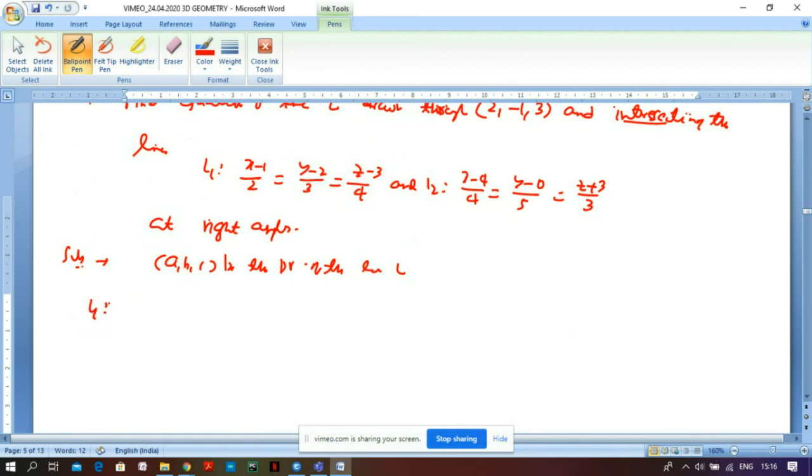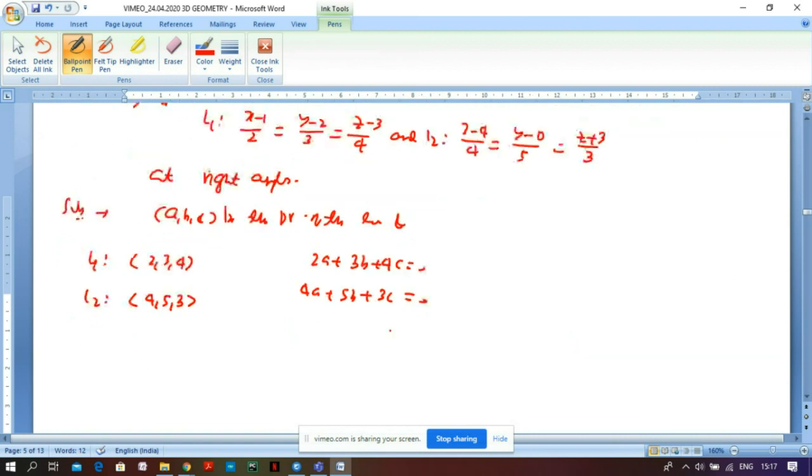Line L1 has direction ratios 2, 3, 4, and line L2 has direction ratios 4, 5, 3. The other line L has a, b, c as direction ratios. These are perpendicular, so the dot product must be 0. So 2a + 3b + 4c = 0, and you also get 4a + 5b + 3c = 0.